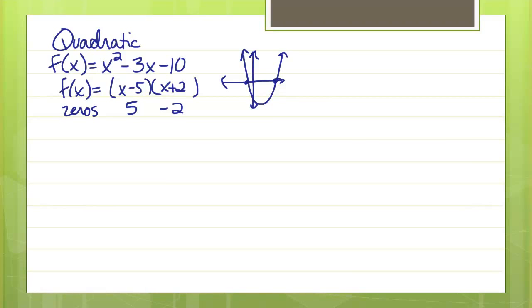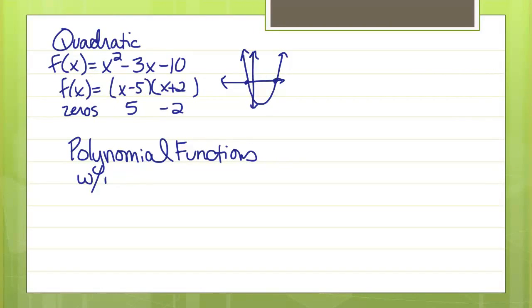But now we want to be able to say not just a quadratic, not just one that is factorable. What about any polynomial function? So we're going to talk about polynomial functions with integer coefficients. So positive and negative whole numbers, not talking about fractions, not talking about any other kind of number, just integer coefficients.